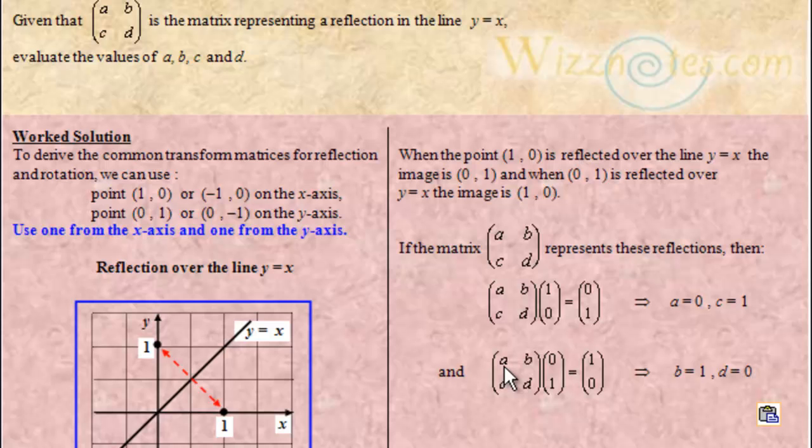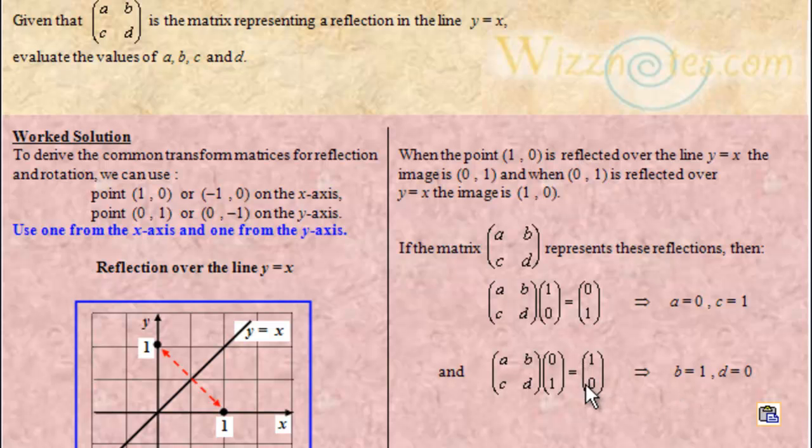So what we have now is a times 0 is 0, b times 1 is b, and that is equal to 1. This is this row multiplied by this column. So b is equal to 1. There it is, b equals 1.